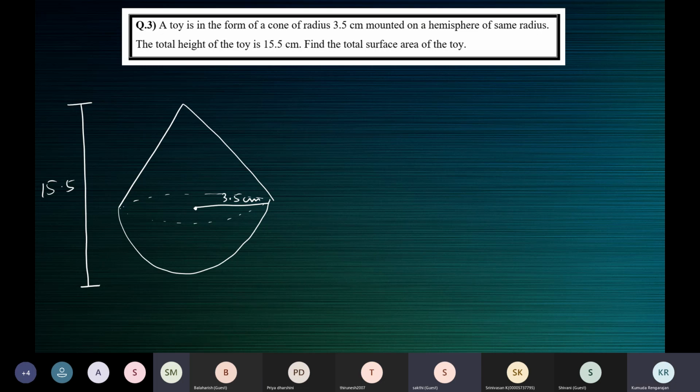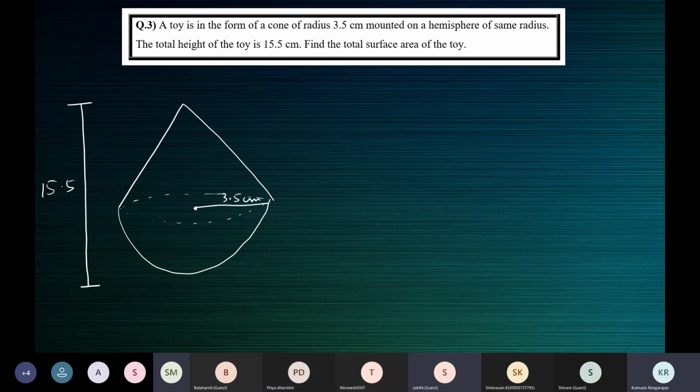Okay, one minute, children. What's the height of the hemisphere? 3.5 centimeters. What's the total height? 15.5. What is the total height made up of? You should not say radius, you should say height of the hemisphere.